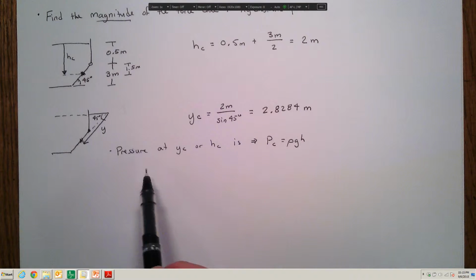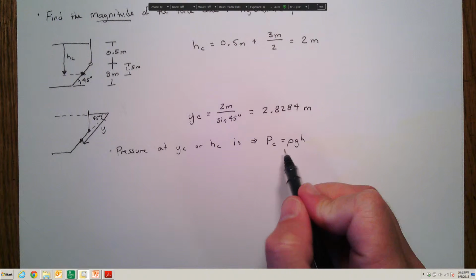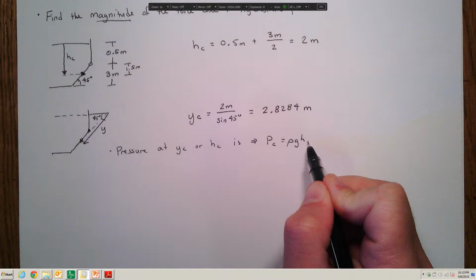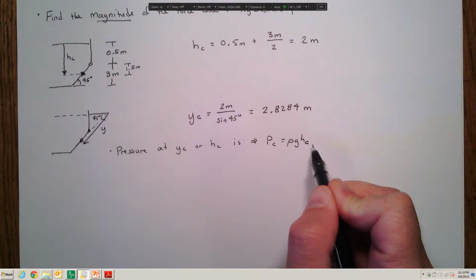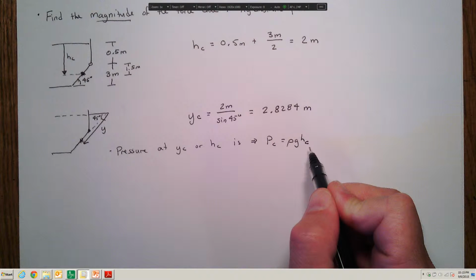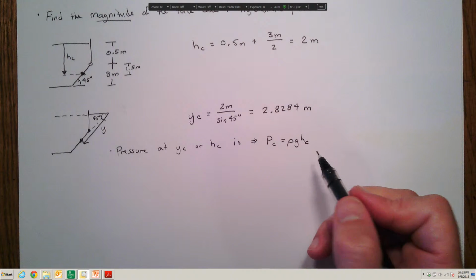We also know that the pressure at the centroid is given by rho times the gravitational acceleration multiplied by the depth under the water to the centroid. However, we're really interested in finding the force.